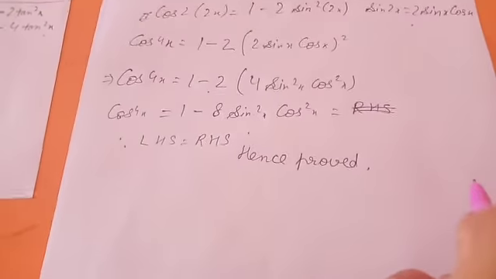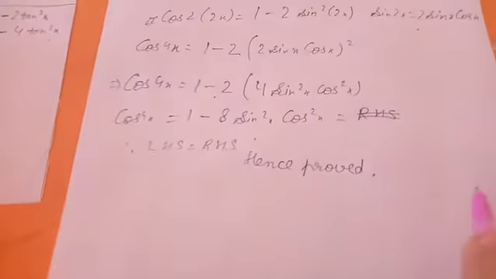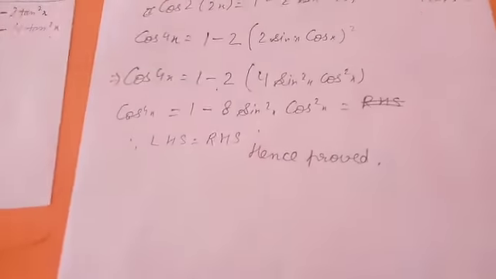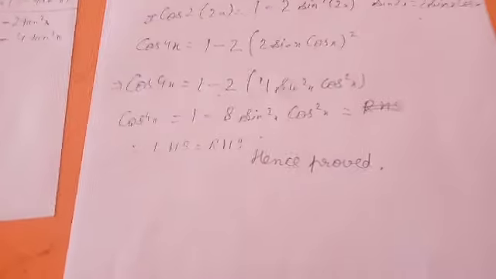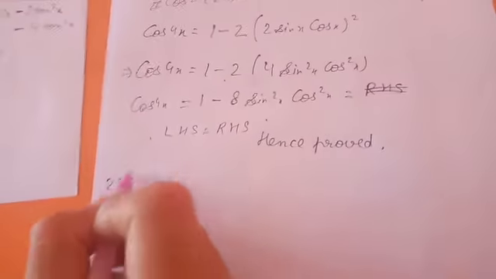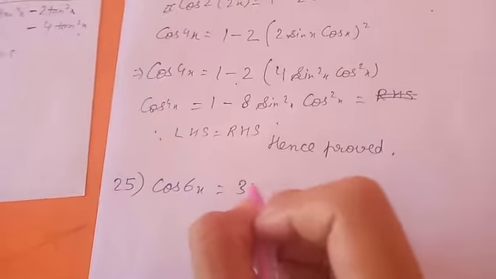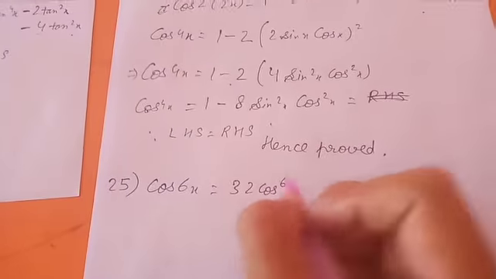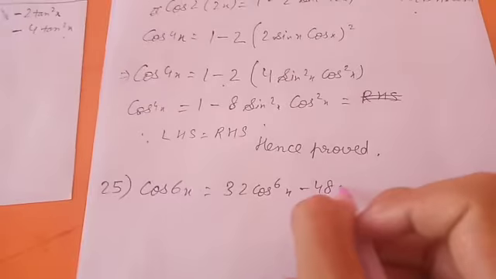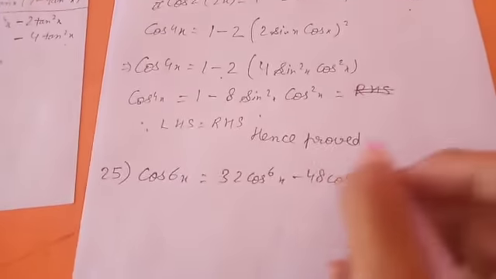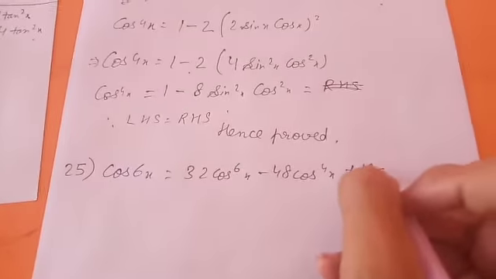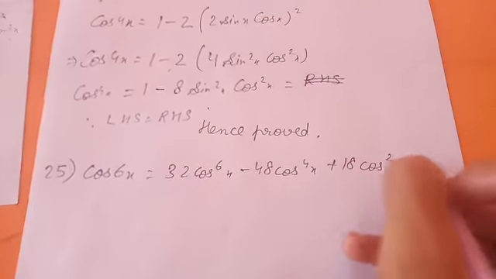Okay, now last question of this exercise, question number 25, that is cos 6x is equal to 32 cos 6x minus 48 cos 4x plus 18 cos square x minus 1.